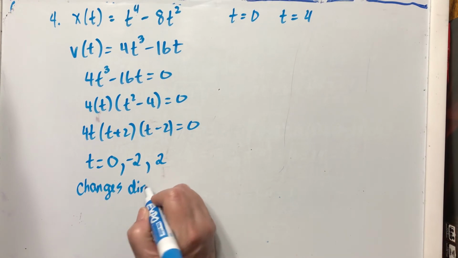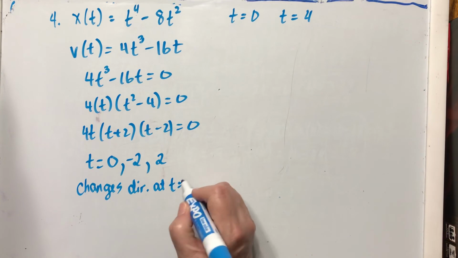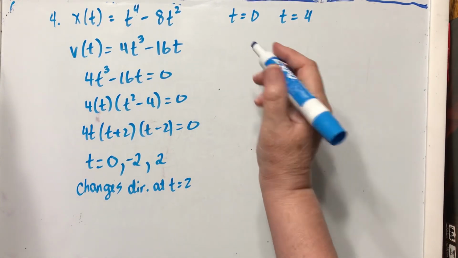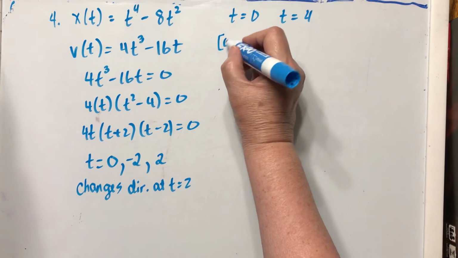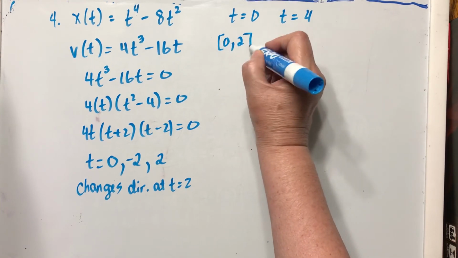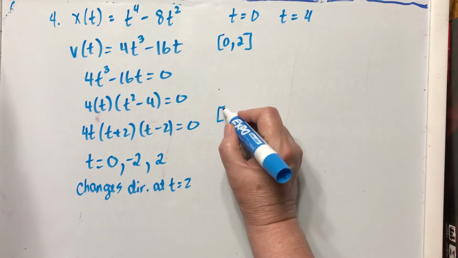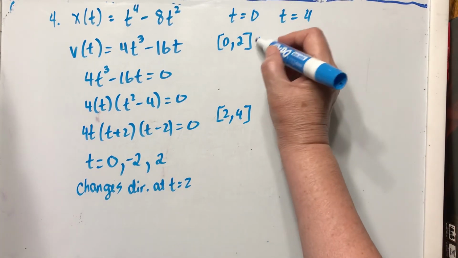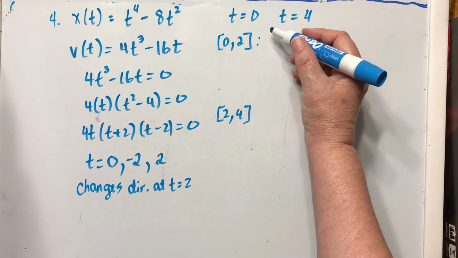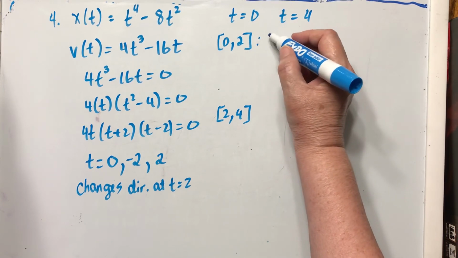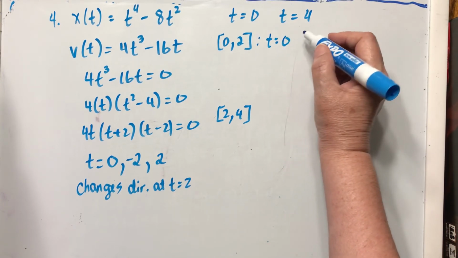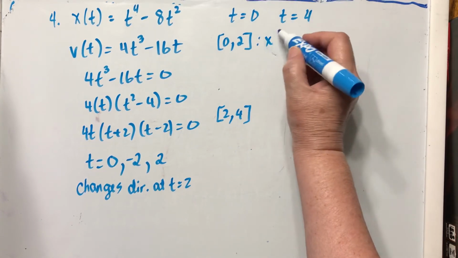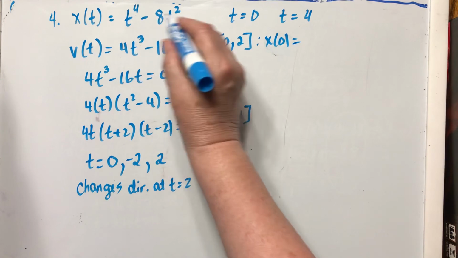It changes direction at t equals 2, which is within this interval. So that means I need to split this interval up. I need to look at how far it goes from 0 to 2, and then how far it goes from 2 to 4. So from 0 to 2, x of 0 is just going to be 0.